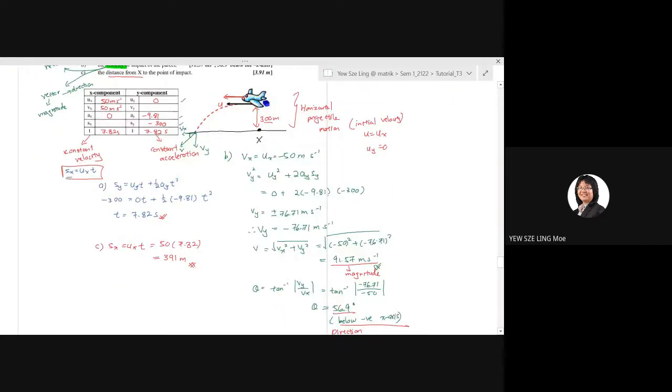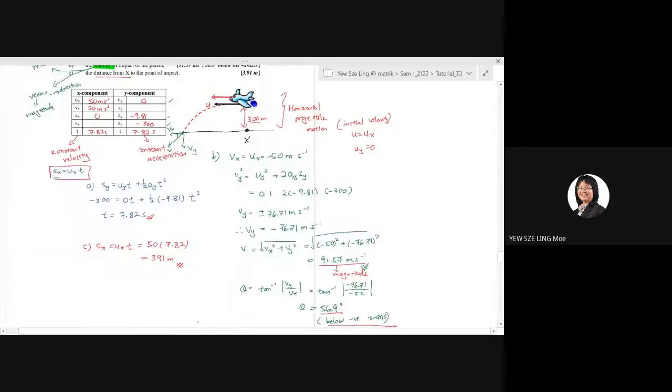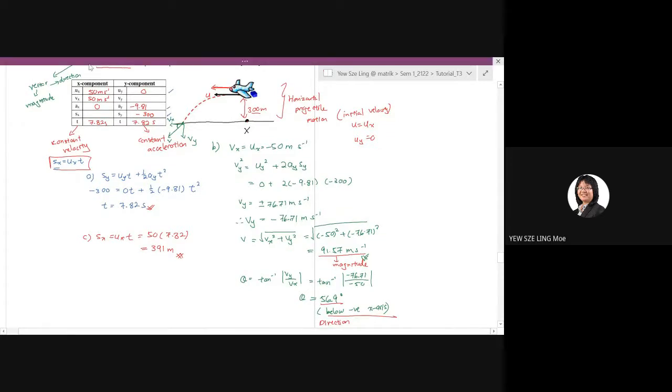Again, I give you 2 minutes to write down the answer and then write down the important notes. How do I know when to find directions? When do we not need to find the directions? Whether we need to find direction or not.